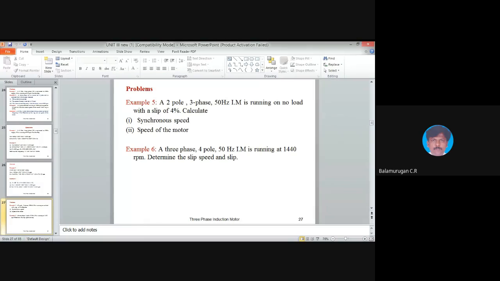So phi m sin 0, phi m sin (0 minus 120), phi m sin (0 minus 240). If you work out the values, this will be 0, this will be minus root 3 by 2 phi m, and this will be plus root 3 by 2 phi m.